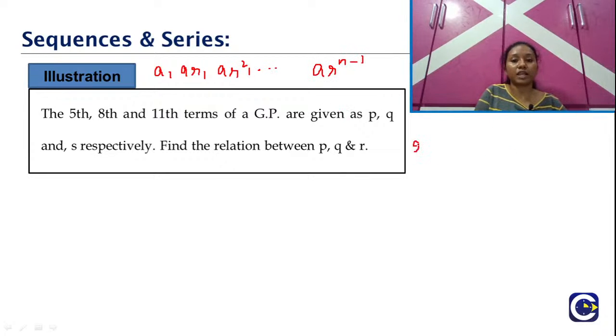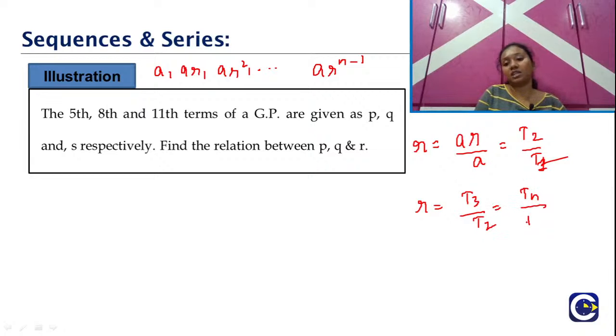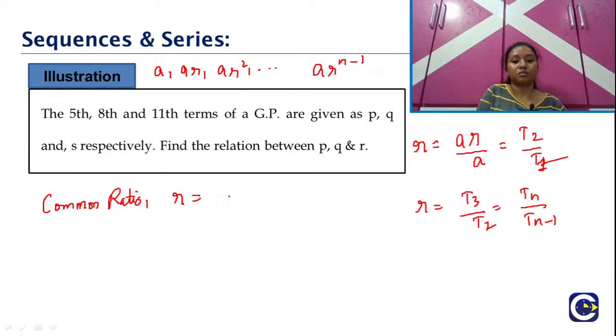From here R can be AR by A, that means T2 by T1. Similarly, R can be T3 by T2, that means Tn by Tn minus 1. So you can determine the common ratio R by Tn by Tn minus 1. Read the given question and try to find the relation here.